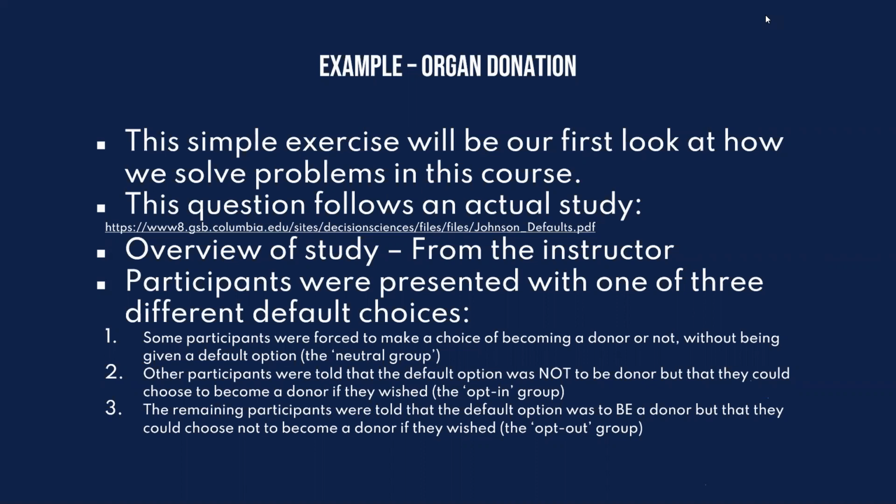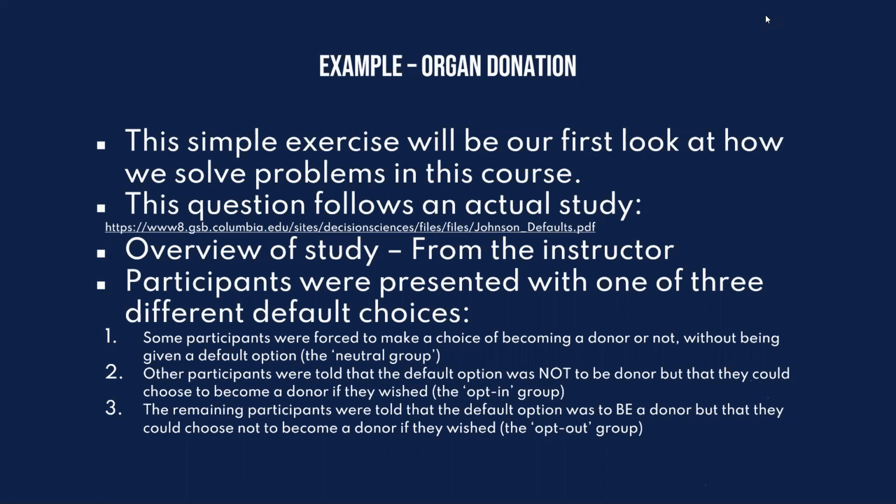And how they asked them the question about being an organ donor was different in each group. They wanted to see if how the question was phrased or presented to them in their driver's license application impacted their willingness to be an organ donor.